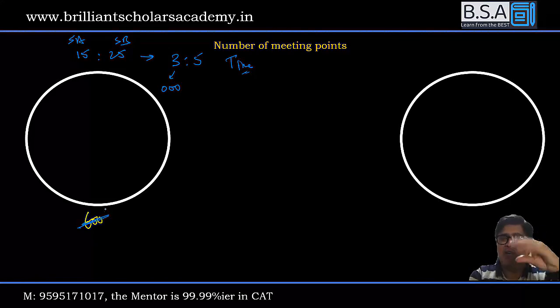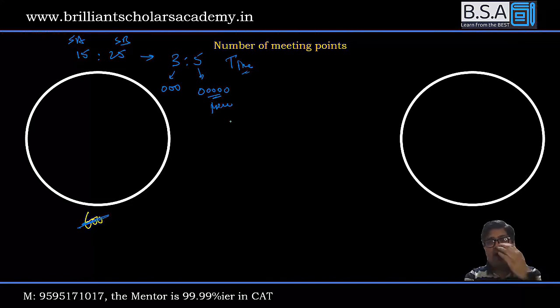It could be 600 meters, 1000 meters, 1 million miles, does not matter. This person will complete 3 loops. In the same time, this person will complete 5 loops. So how many more has he completed? He has completed 2 loops more.